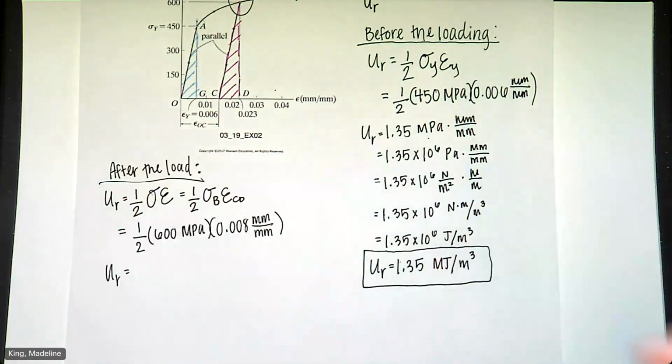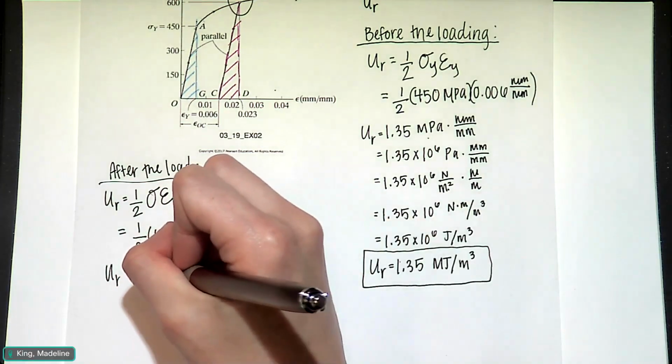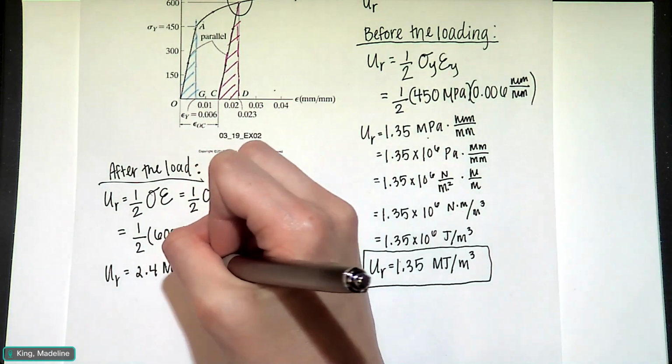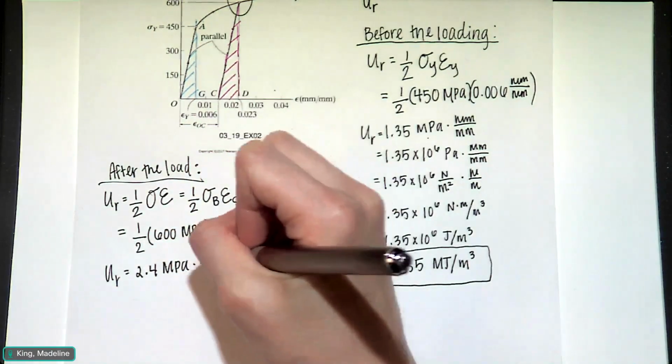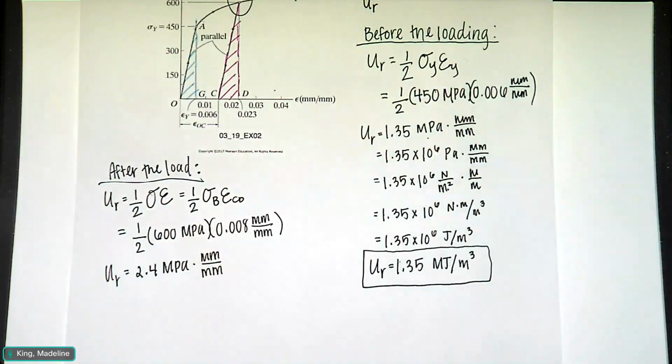So then our UR will come out to 2.4 megapascals times millimeter over millimeter.